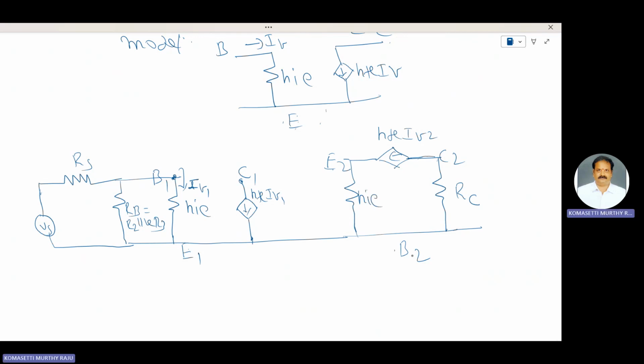The current direction is from base to emitter, that means IB2.